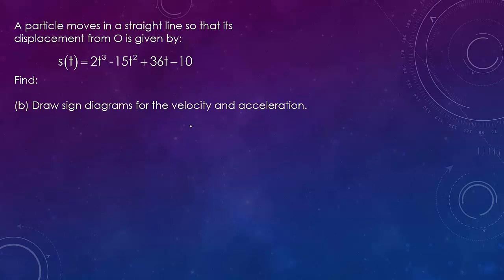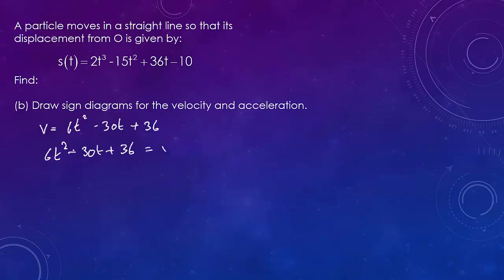Draw sign diagrams for the velocity and acceleration. Well, we know that v was 6t squared minus 30t plus 36. We'd like to know when it's 0. So let's put 6t squared minus 30t plus 36 equals 0 and divide through by 6.